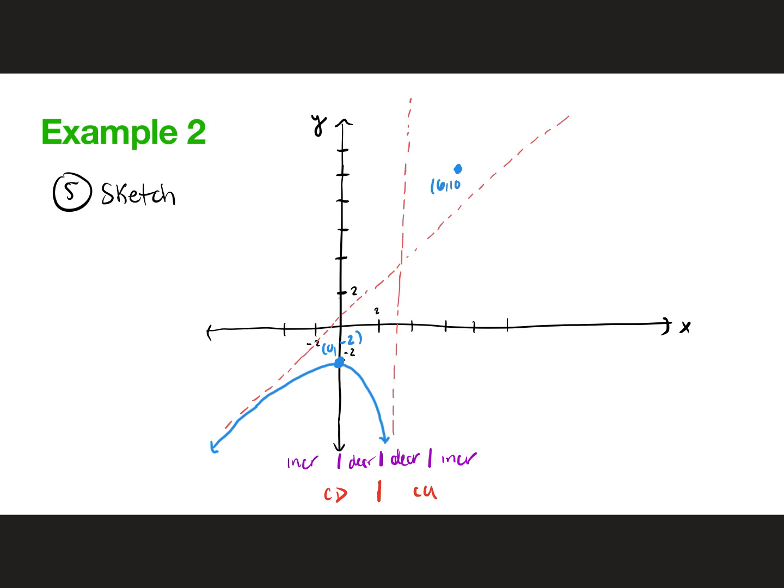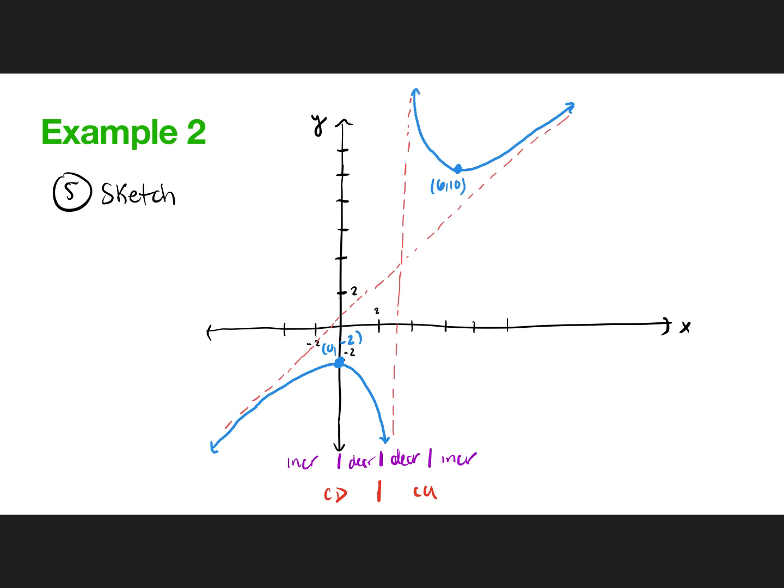To the right of x equals 3, we'll be decreasing, coming down along this vertical asymptote until we reach our local min at (6, 10). We remember that we're concave up over on this interval, and then we start increasing in a concave up way, and for large values of x, we should get close to our slant asymptote.